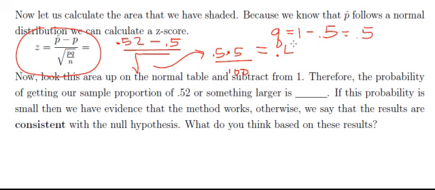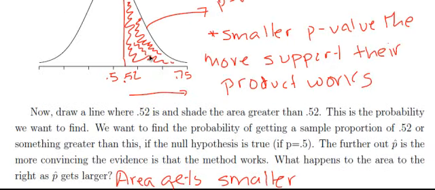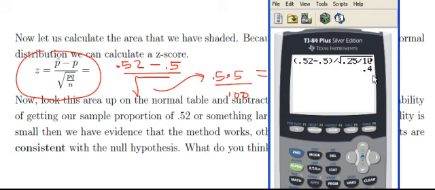Okay, that's not the area under the curve. That's the z-score. The area under the curve would be 1 minus whatever I get if I use the normal table. I'm going to go ahead and just use the calculator since I have that handy. I didn't open the normal table file.